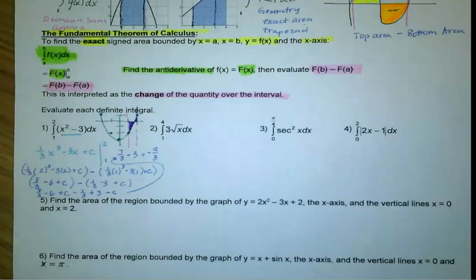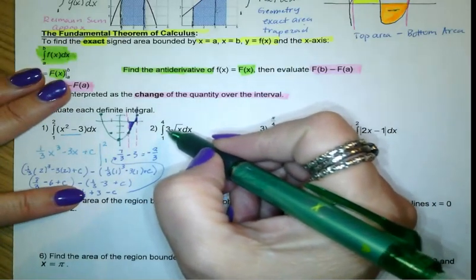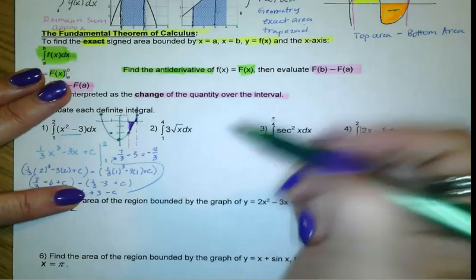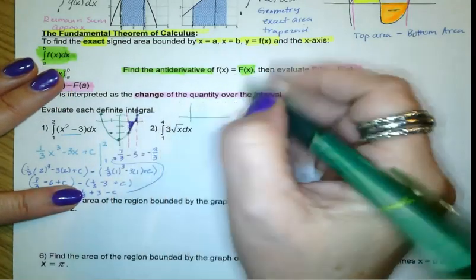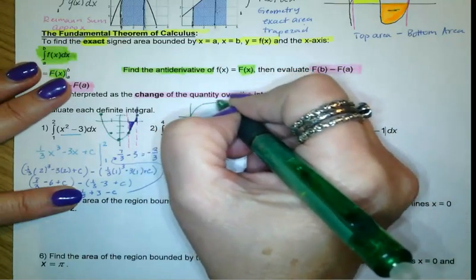All right, so let's go on to number 2. If we're graphing number 2, we have a square root that's been vertically stretched by 3. And so that's going to look like maybe something here where it's going to go and be taller this way.